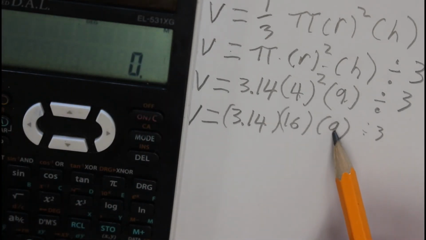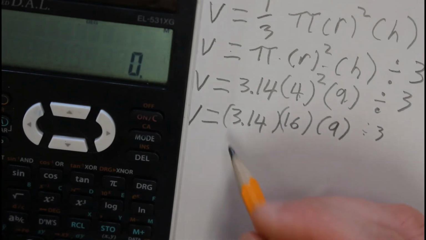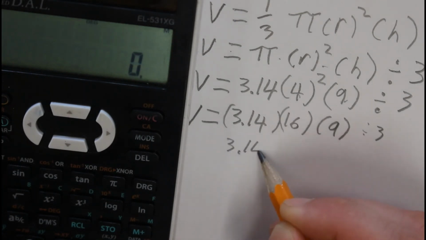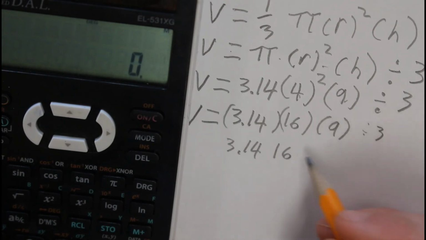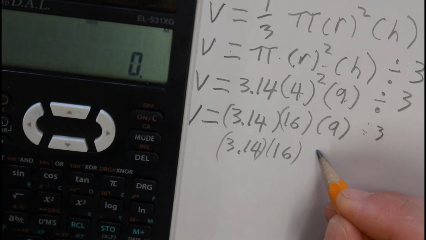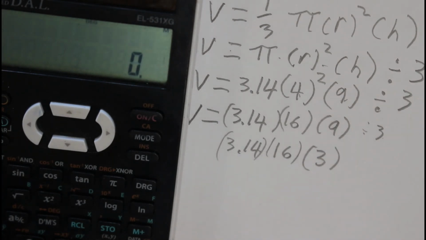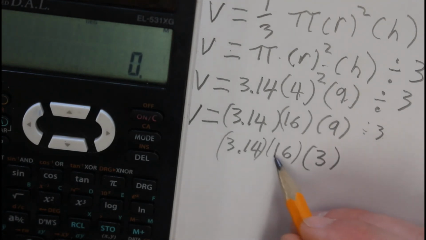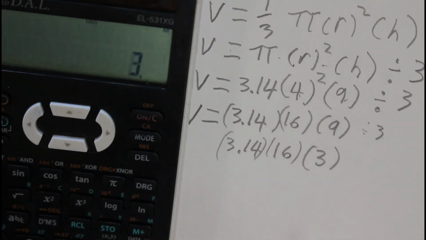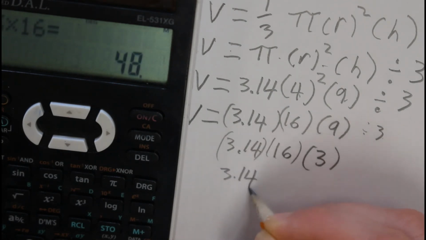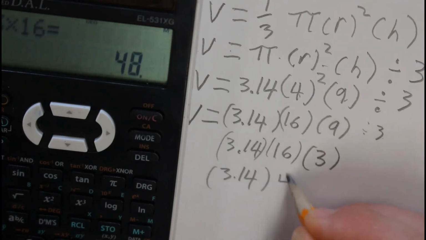All right, I'm going to divide this by 3 right now. So we have 3.14 times 16, and I've done 9 divided by 3 to get that out of the way, times 3. Once again, if you do that at the end, you'll get the same answer. Okay, 3 times 16 equals 48, so 3.14 times 48.